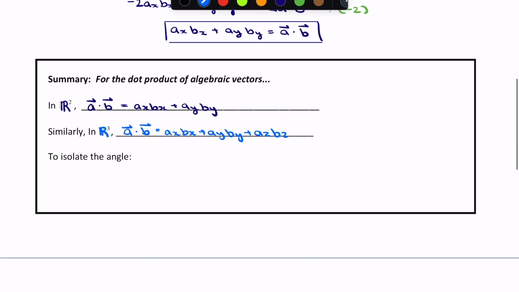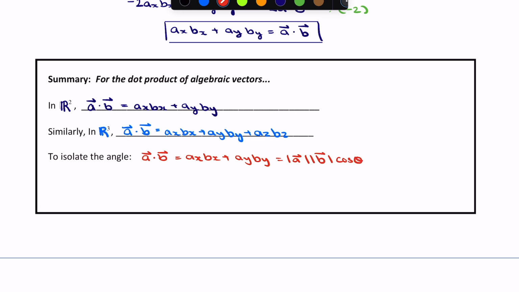And so here, to isolate for the angle, we see that the dot product of vector A and vector B is equal to ax bx plus ay by, which is equal to the magnitude of vector A times the magnitude of vector B cos theta.